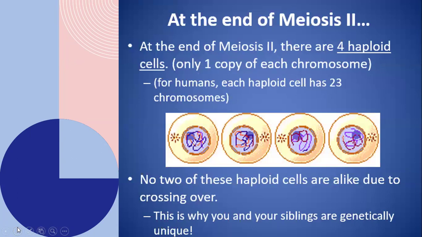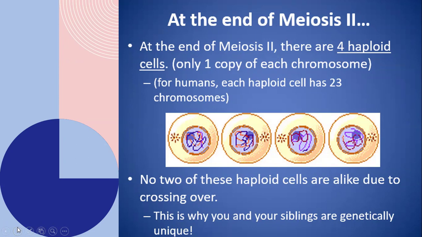So we note that when you look at the cells that are formed, these are not genetically identical to the parent cell and are not genetically identical to each other, okay? The reasoning for that is the processes that we have seen in meiosis, the crossing over that occurred, and the random assortment of chromosomes. It allows for the cells that are formed to be genetically unique.